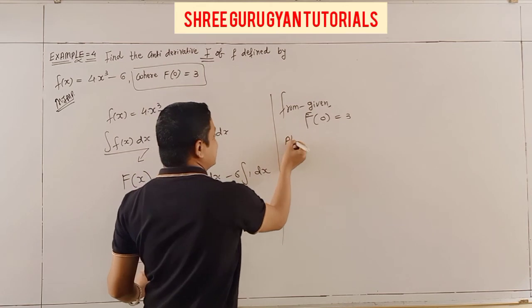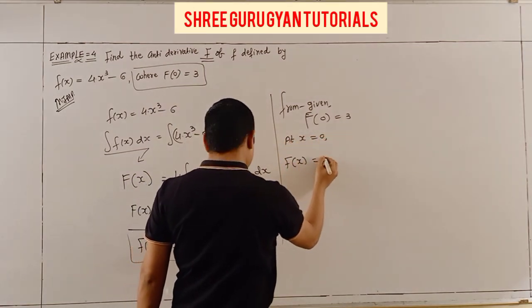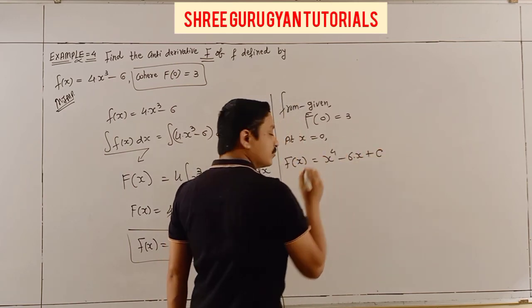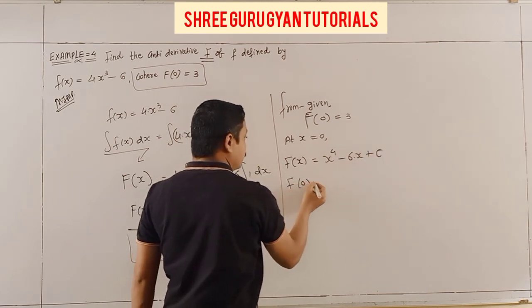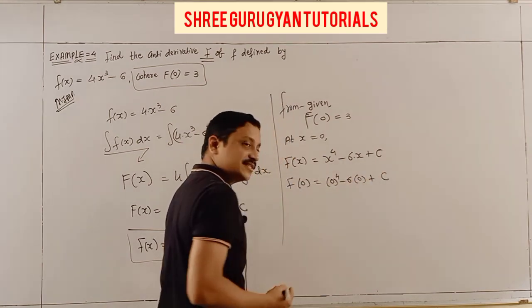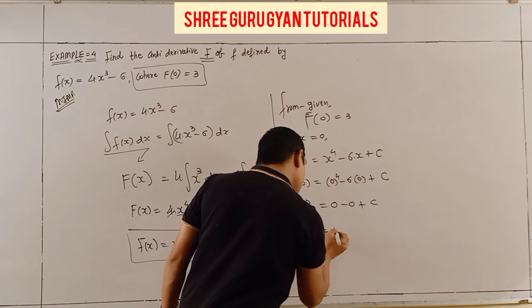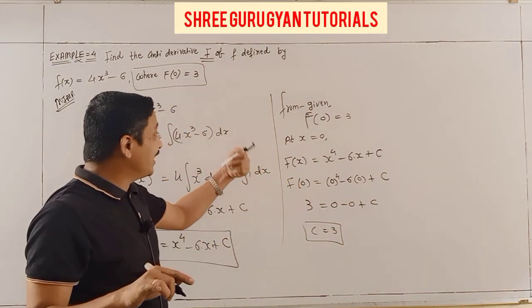So as x is equal to 0, I just operate in F(x): x raised to 4 minus 6x plus c. And that will be, students, the answer. We have F(0): 0 to the power 4 minus 6 into 0 plus c, which is 3 only. It means the c value is ready, and this answer we again put in F(x).